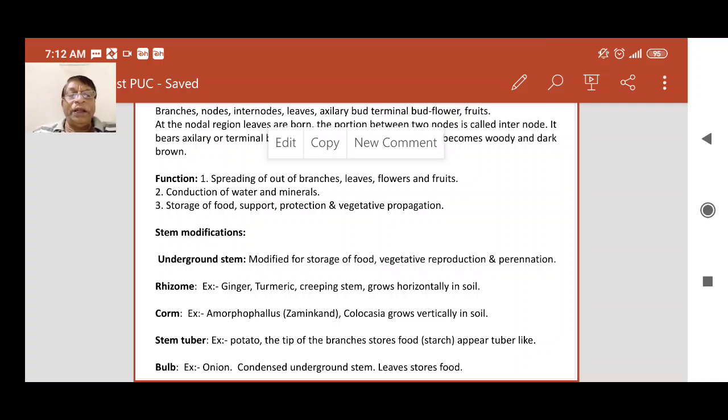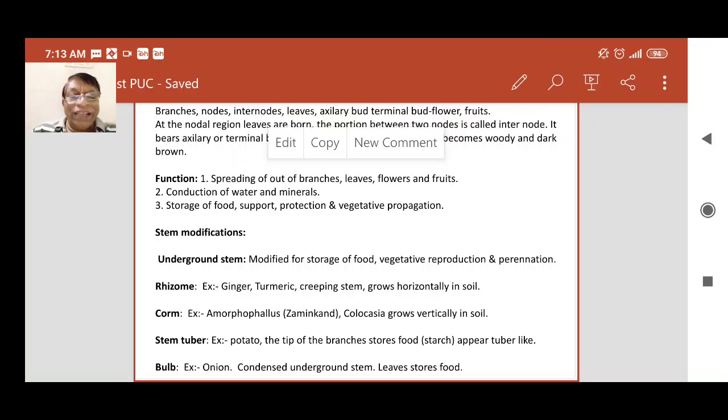Now let us study underground stem modifications. There are four types: rhizome, corm, stem tuber, and bulb. Rhizome. Example: ginger, turmeric, banana.